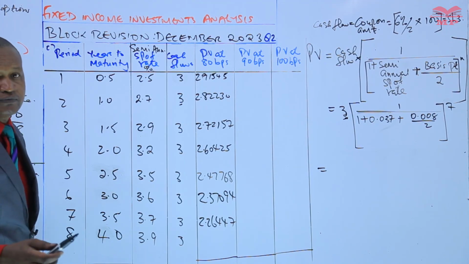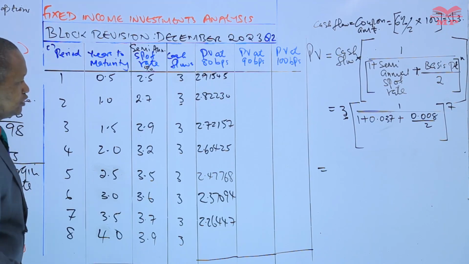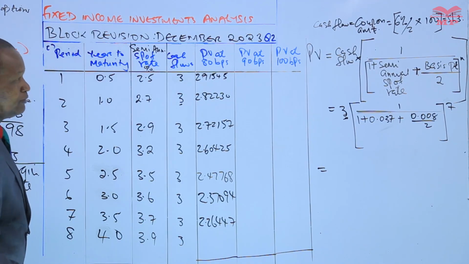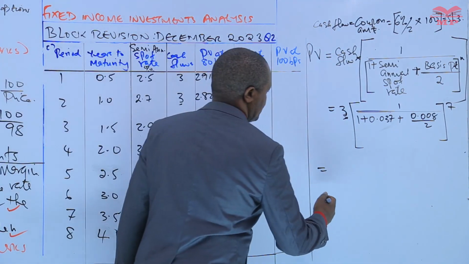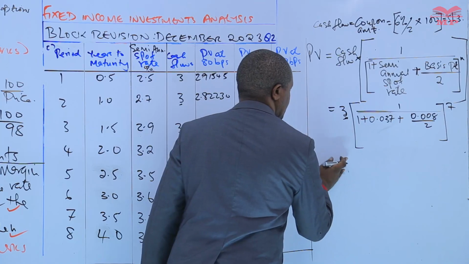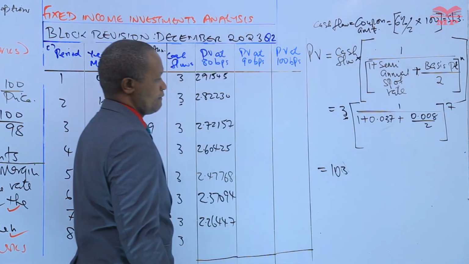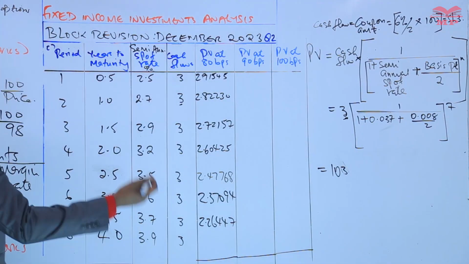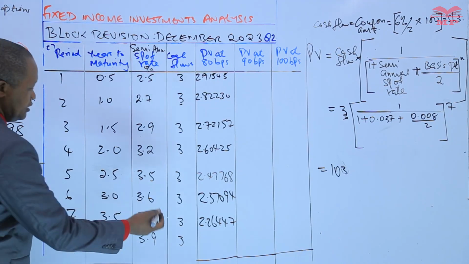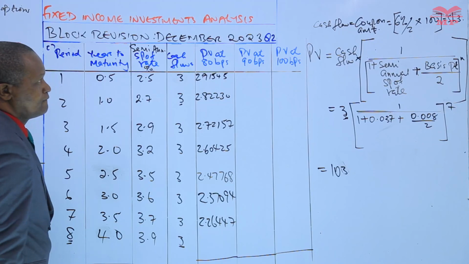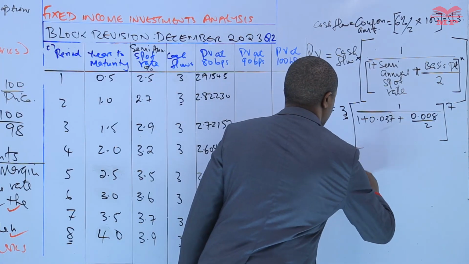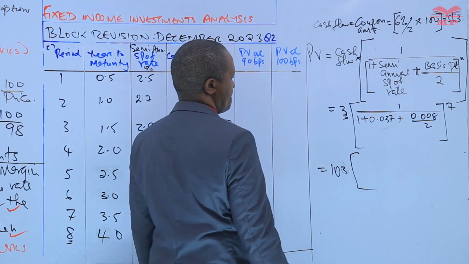We have the repayment, which is an annuity of 3 shillings, but there is also the principal amount, which is 100, so 100 plus 3. So we are going to discount 100 shillings plus 3 shillings. That is what will be recouped at the end of the 8th period. We have the cash flow and the principal amount. That is the change that you need to note.